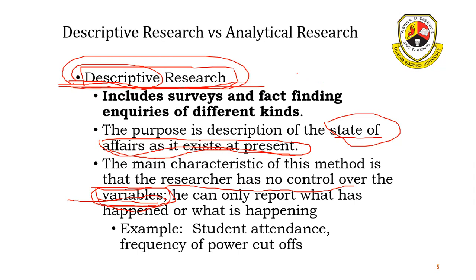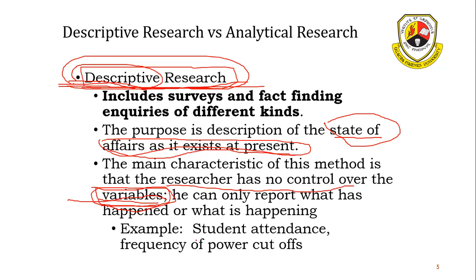What exactly is a variable? When you're doing research, you're studying something. When we're doing research, we don't study everything. We're looking for something in particular. We're trying to discover something in particular, okay? Take an example. Let me just show you the example here.